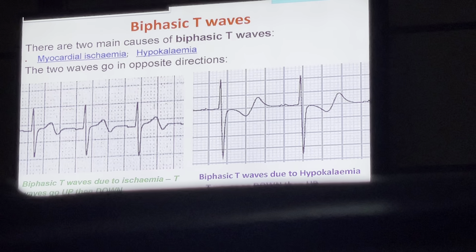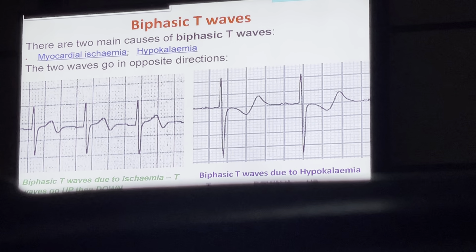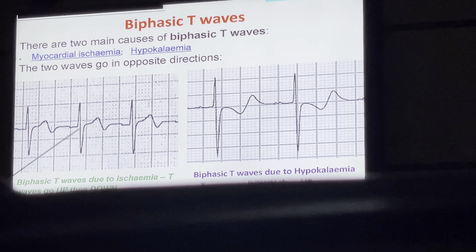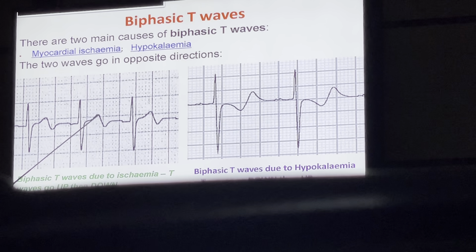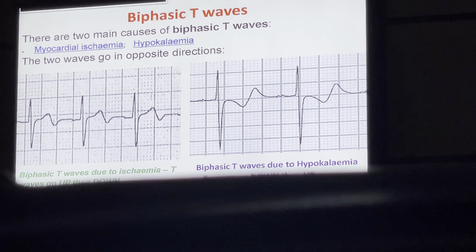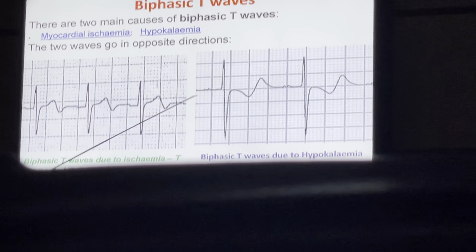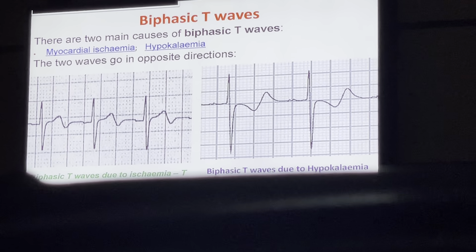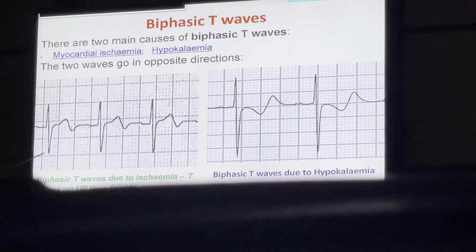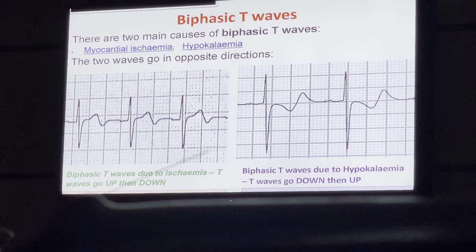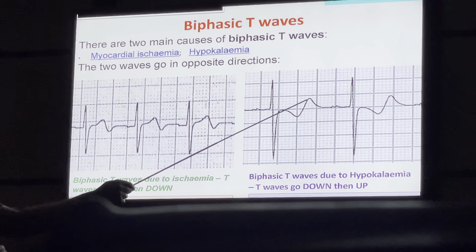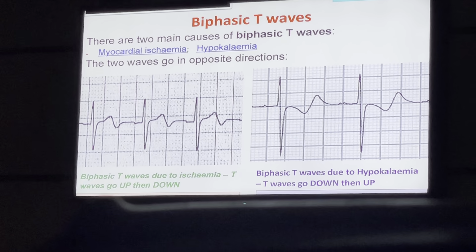Next. So what does this ECG show? They are biphasic T waves. Biphasic T wave means one component is upward, other is downward. So is there a difference in these two? Here the first component is upward and second is downward, and here first is downward and second is upward.